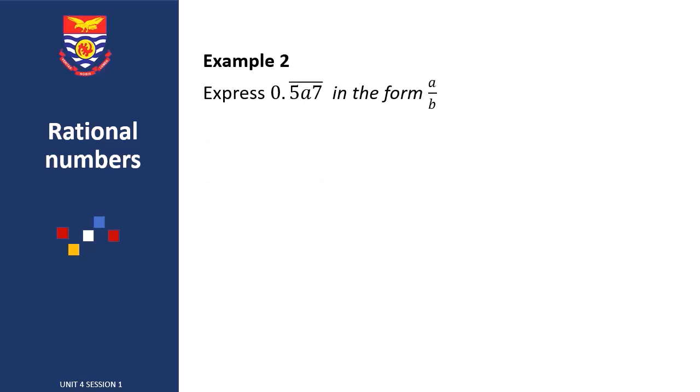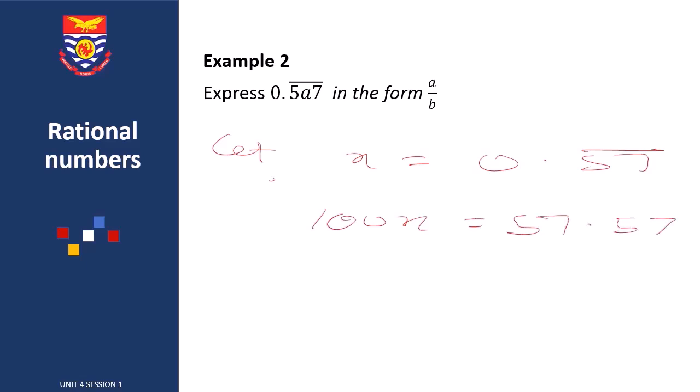Let's look at the next illustration. You want to express 0.57 repeating in the form a on b as usual. Let x equal 0.57 repeating. The 57 repeats. So when I multiply equation 1 by 100 in order to shift the repeating part, I get 100x equals 57.57 repeating.